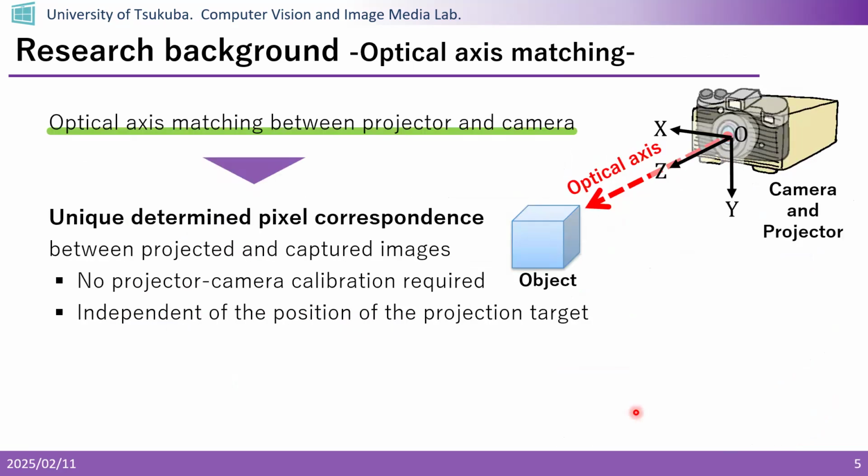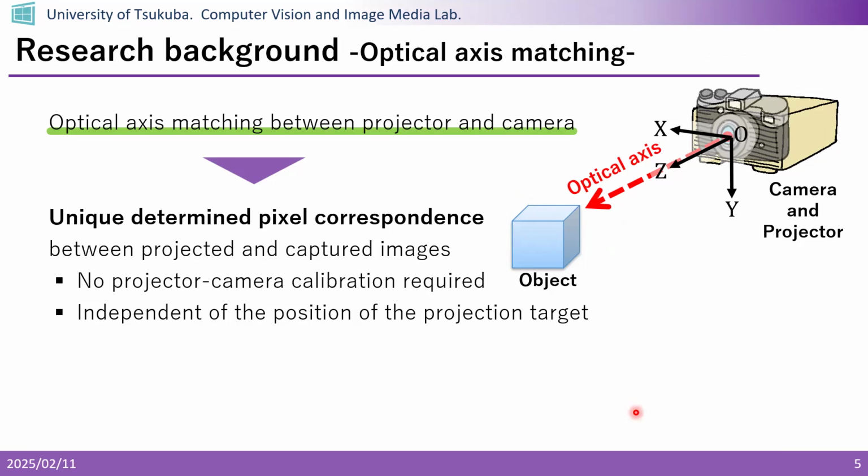To address this problem, a method to match the optical axis of the projector and the camera is being considered. As shown in this figure, if the optical axes of the projector and the camera are matching, the pixel correspondence between the projected image and the captured image can be uniquely determined.